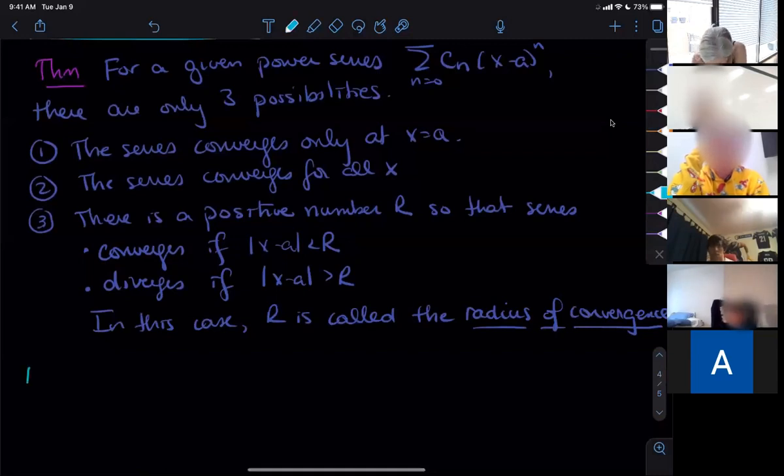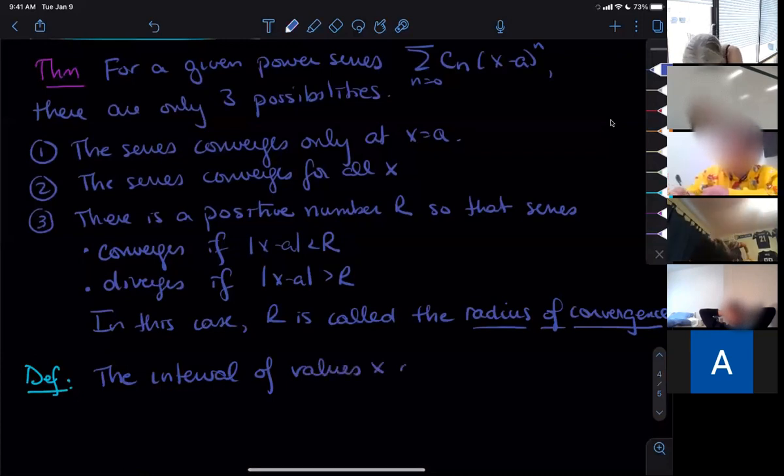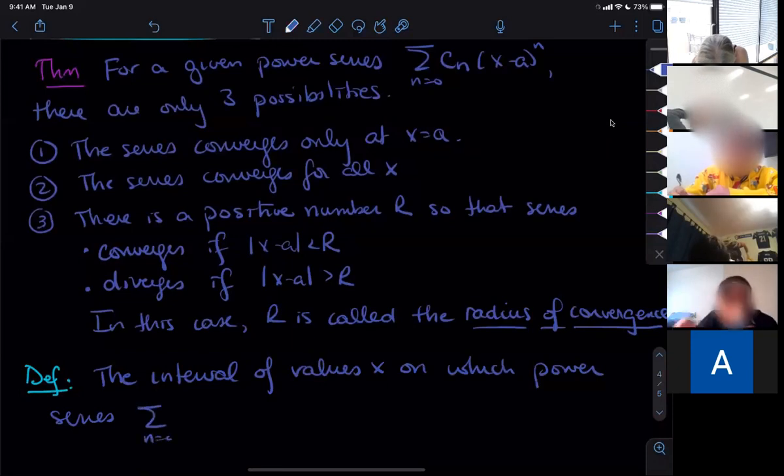There's also something called the interval of convergence. So the interval of values x on which the power series converges.